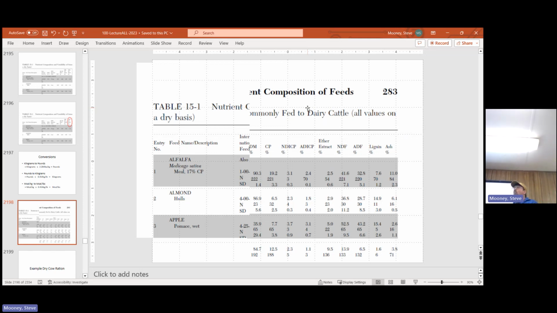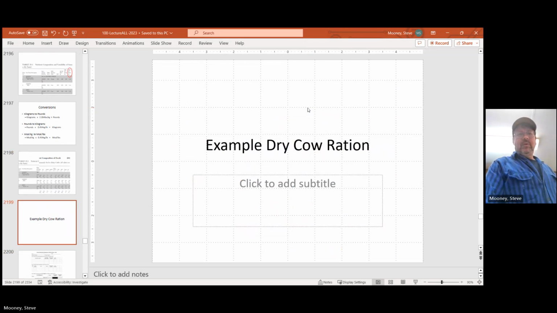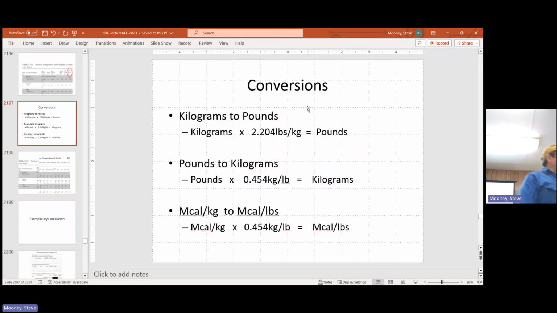So plus or minus 1.5 versus our ADF and NDF. Those are going to vary widely depending on the source material that we put into that alfalfa meal. So 42 plus or minus 7 is a much bigger range than 90 plus or minus 1.5. Everybody with me so far?